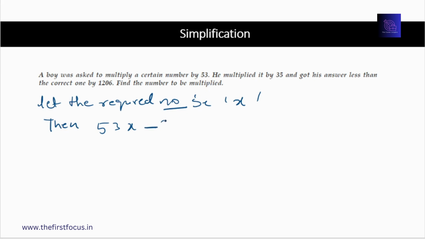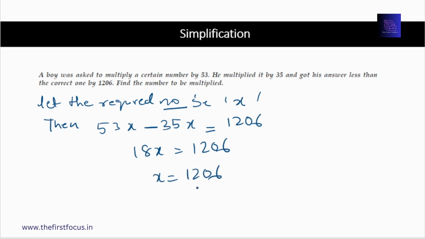So we have to reduce that to 35 into x, but we still don't know what the number is, which is equal to 1206. So 53x minus 35x is 18x, is equal to 1206. So x is equal to 1206 divided by 18. So the answer is 67.